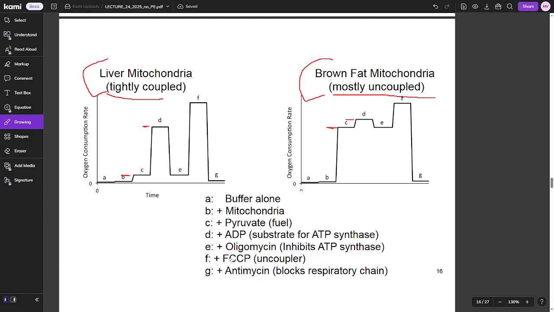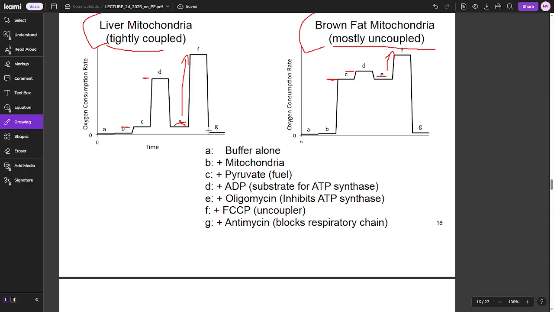And then if you add the uncoupler, we see this big spike in the oxygen consumption rate in the tightly coupled one. It does cause an increase in the one that's not that coupled, but it's not as much of an increase from the baseline E as compared to this E over here. And then antimycin obviously drops it all the way back down to G, since it breaks the electron transport chain itself.